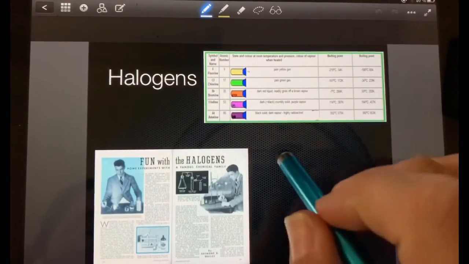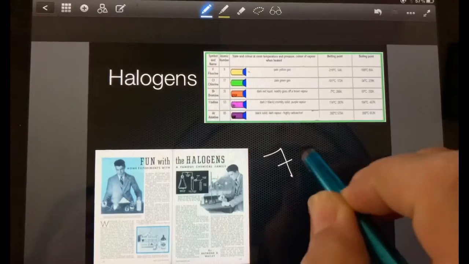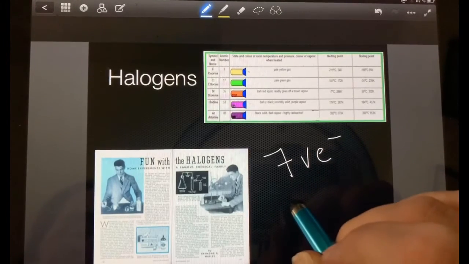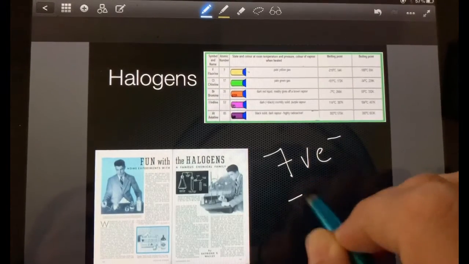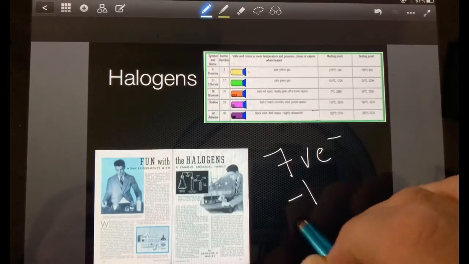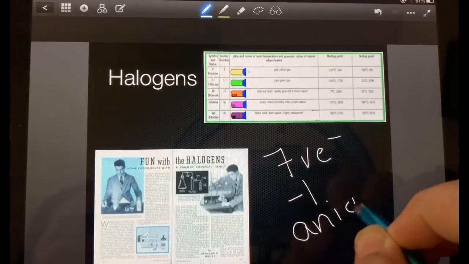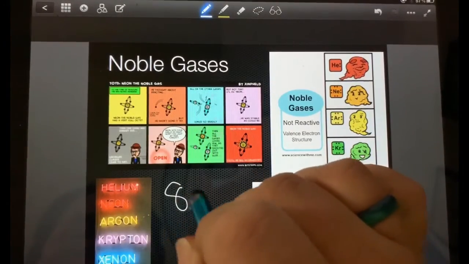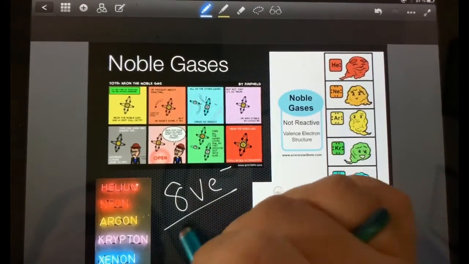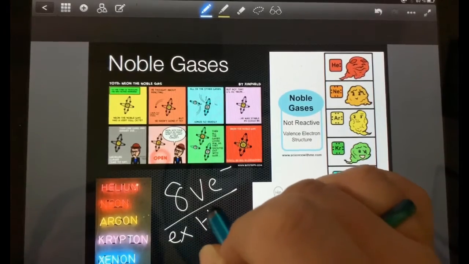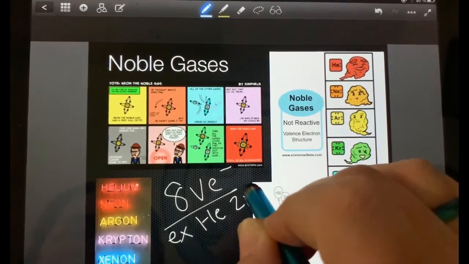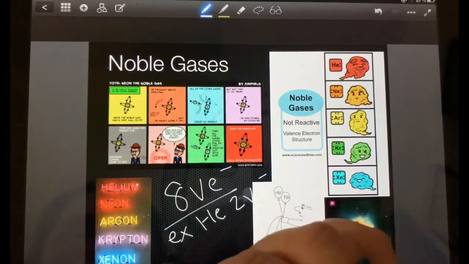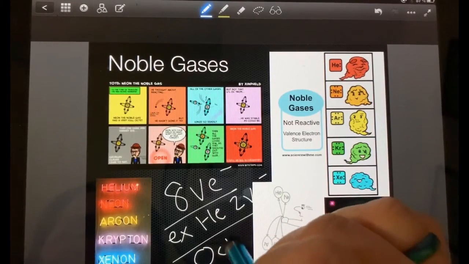Okay. 7 valence electrons. -1 charge. Anion. Noble gases, 8 valence electrons, with the exception of helium that only has 2 valence electrons. These have no charge.